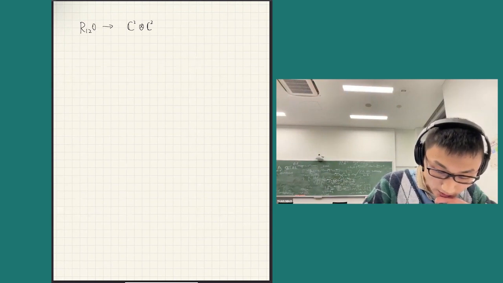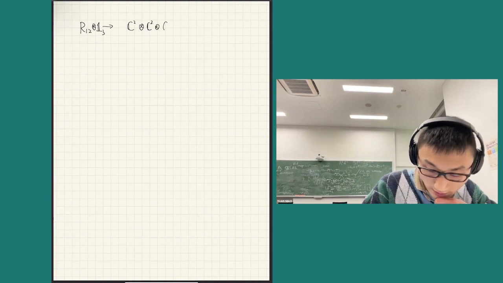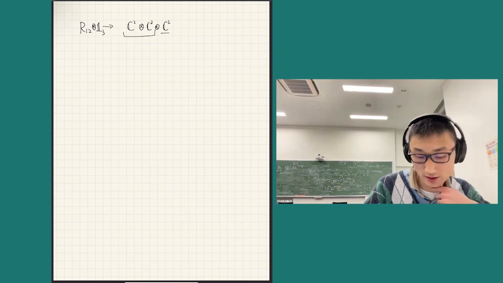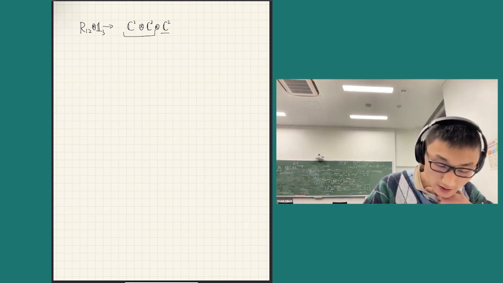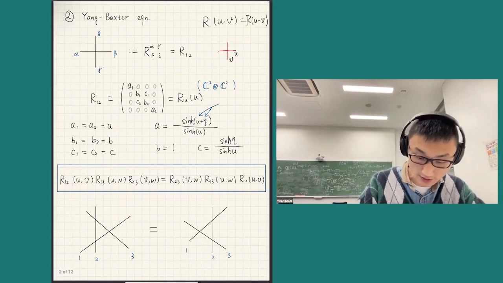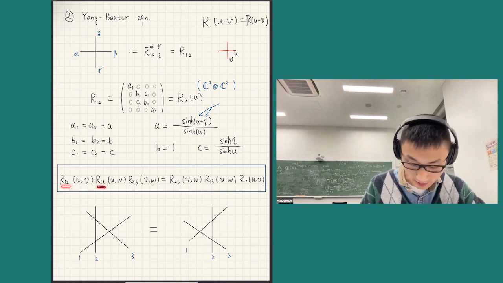Sorry, I need to multiply by identity at 3. So it acts trivially on the last C2, but it acts non-trivially on these two Hilbert spaces. And similarly, R23 is essentially the same. I hope this is clear, that it acts trivially on this Hilbert space, but non-trivially here. So that's why there's this 12, 13, 23, etc.